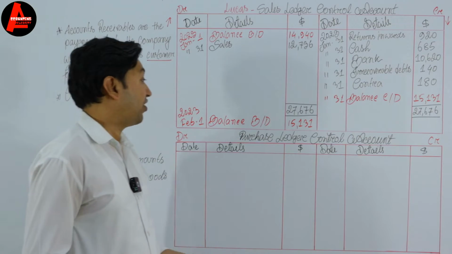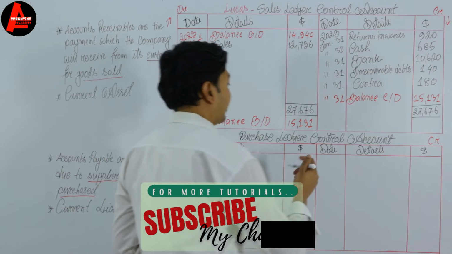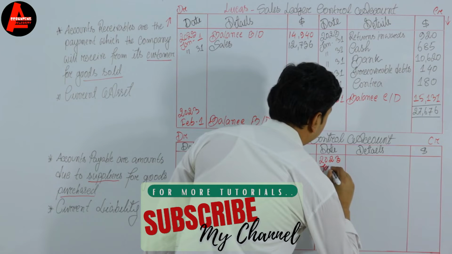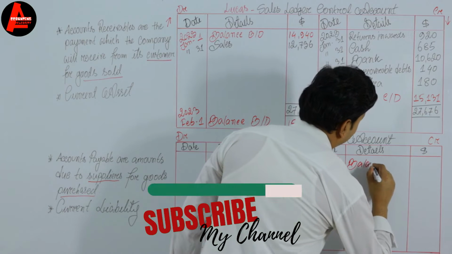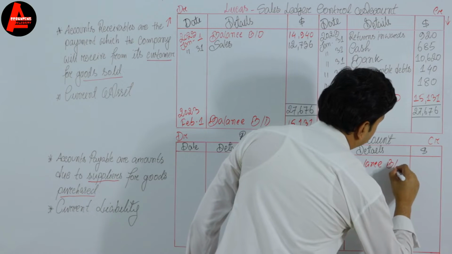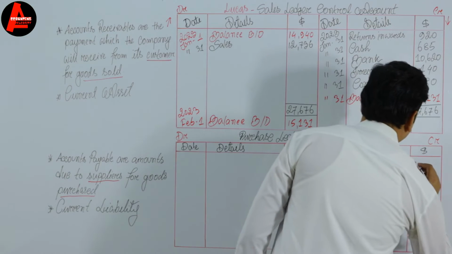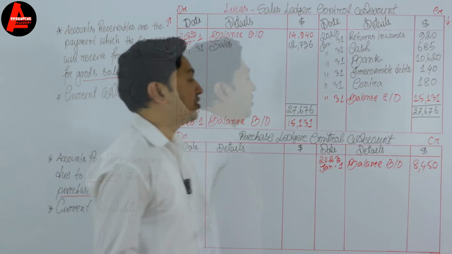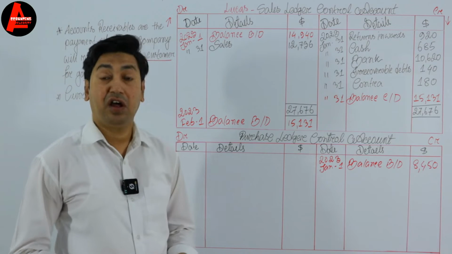As it is a credit balance, we will go to the credit side and we will write the date first, 2023 January 1st. We will write here balance b/d. This is opening balance. The amount is $8,450.